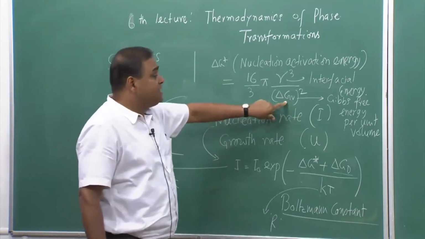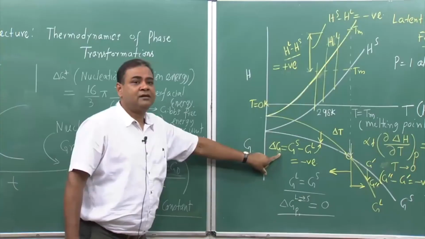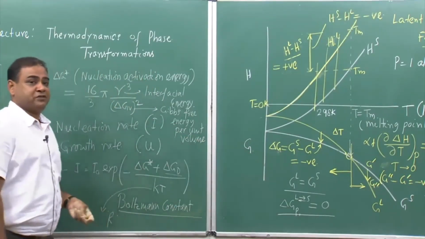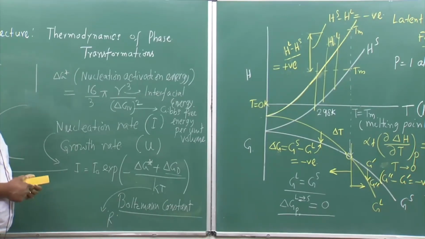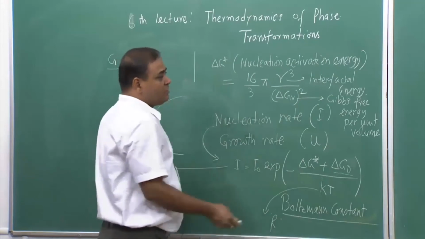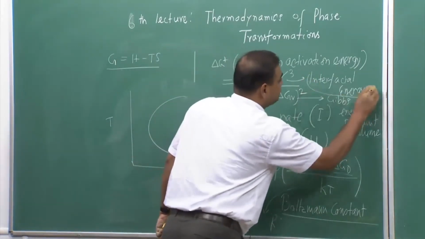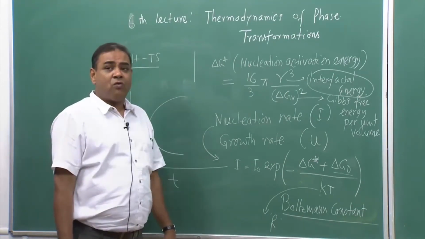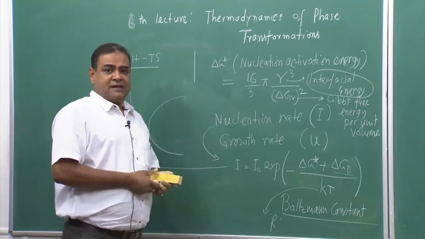That means, I need to find out the driving force for the transformation, which is negative. And this term, interfacial free energy, or interfacial energy, is another important term. We will try to see what it exactly means.